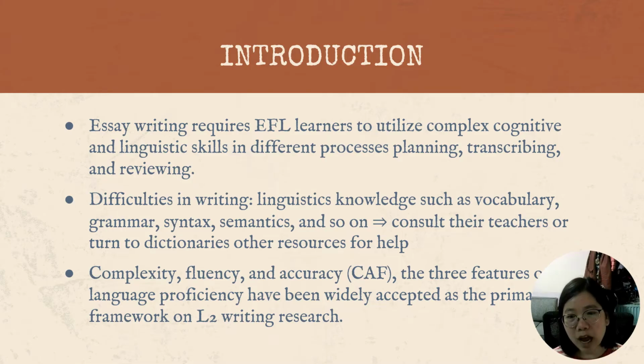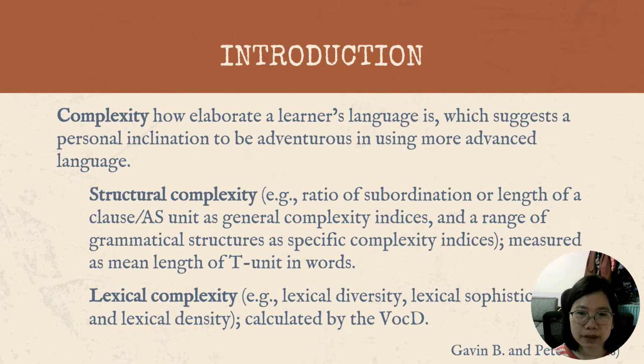So how can we know a piece of writing is a good one? Normally, we base on the CAF framework, which stands for complexity, fluency, and accuracy. As for complexity, there are two aspects.